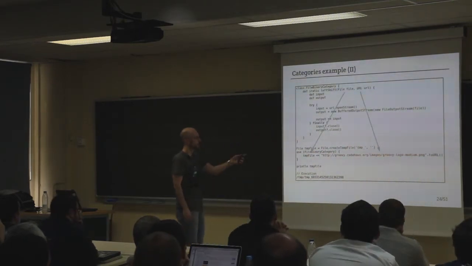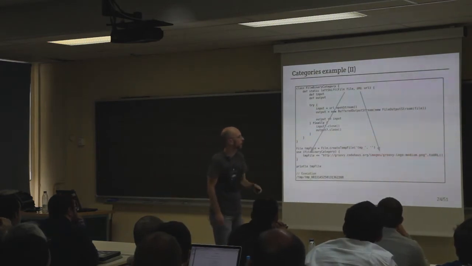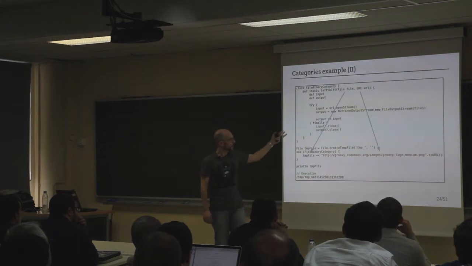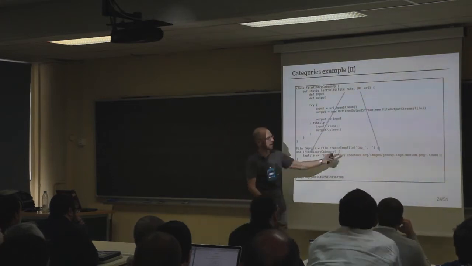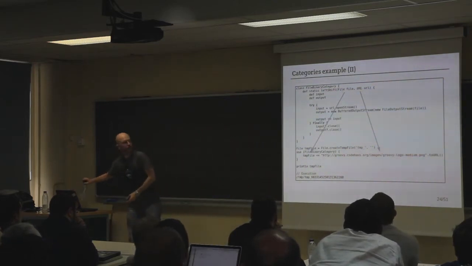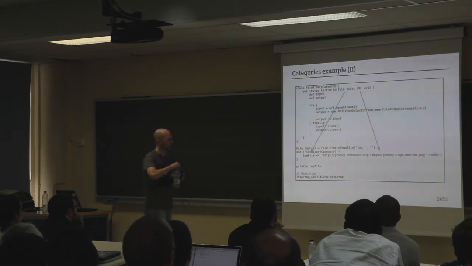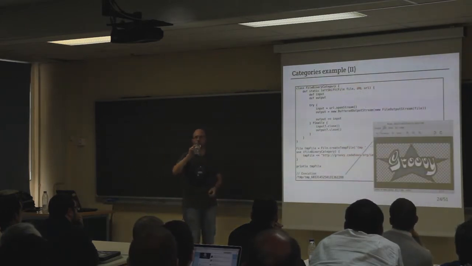The file will be this temporal file, and the URL will be this. And if we execute that code, it will print the temporal file in which this Groovy logo has been downloaded, and we can open this temporal file with an image viewer, and of course, it is the Groovy logo.